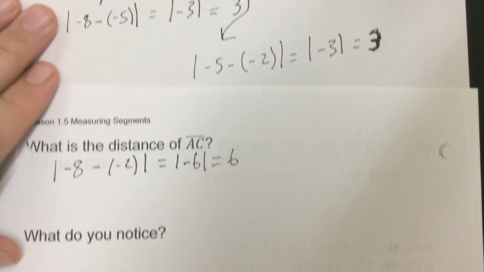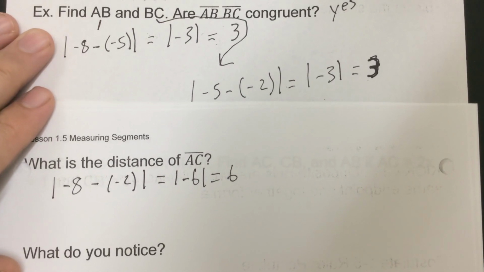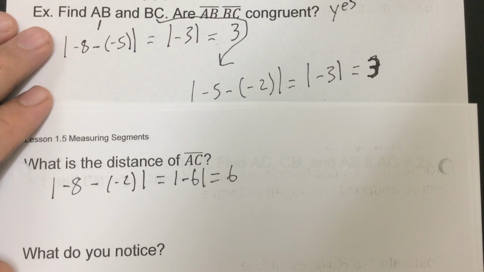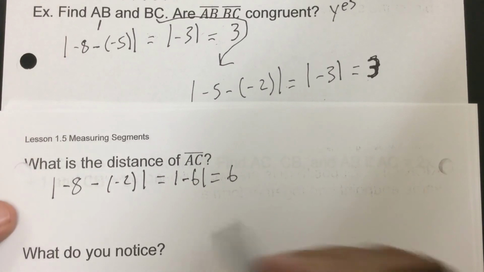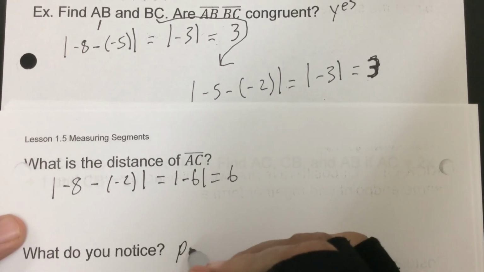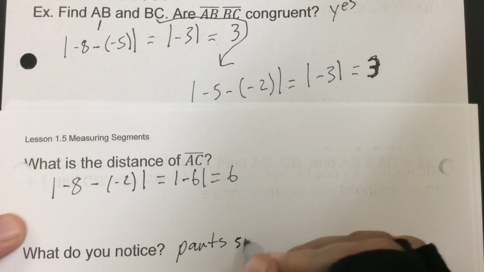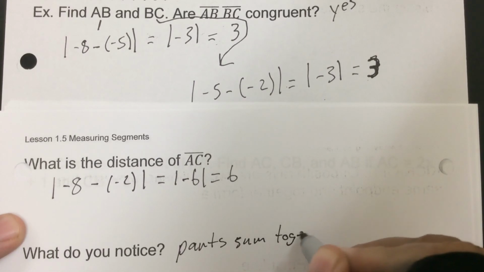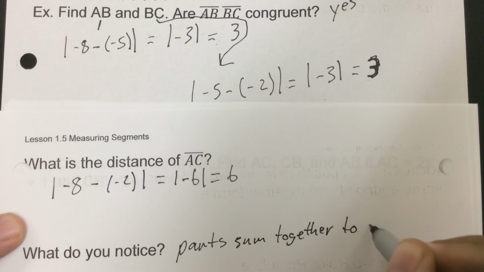Up here we found the individual parts, AB and BC, which were each 3. Then we found the whole thing, which is 6. Right, so the parts sum together to get the whole, or the total.